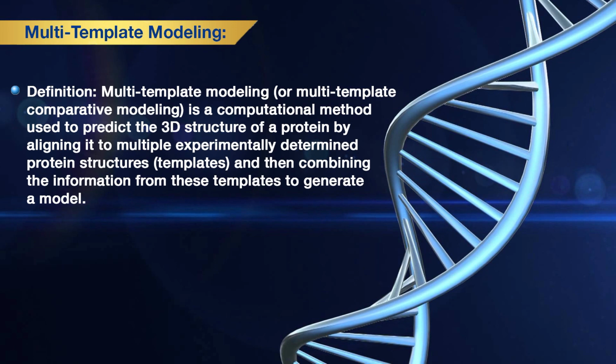Multiple template modeling, or multiple template comparative modeling, is a computational method used to predict the 3D structure of a protein by aligning it to multiple experimentally determined protein structures. These protein structures are also known as templates, and then combining the information from these templates to generate a specific protein model.